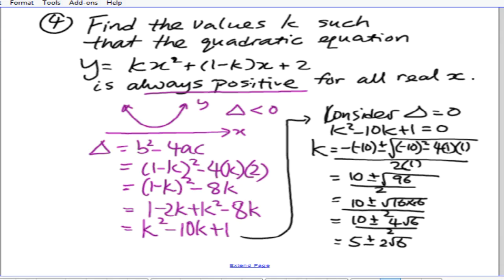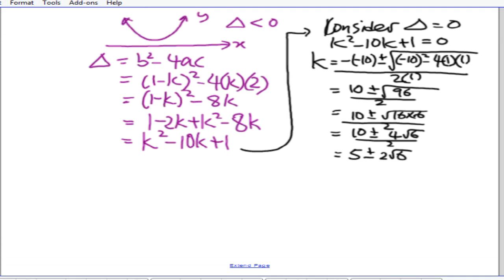Well, that is not the answer yet. We have to sketch the graph. So this is for k, and I have 5 minus 2 square root of 6, and here is 5 plus 2 square root of 6, and I have a graph like that.